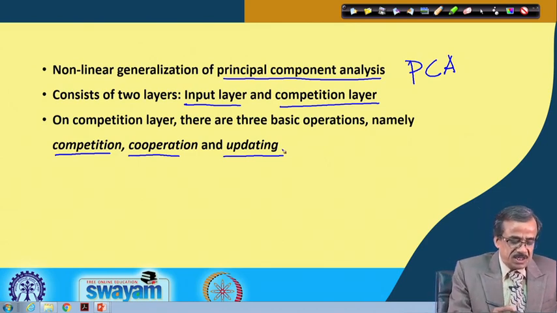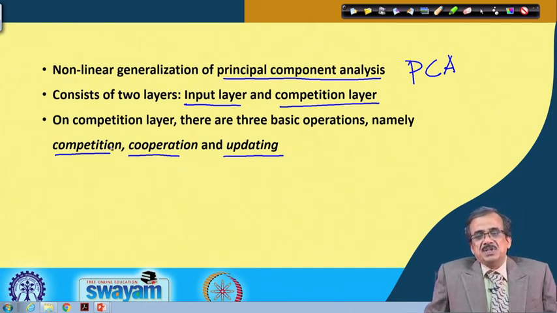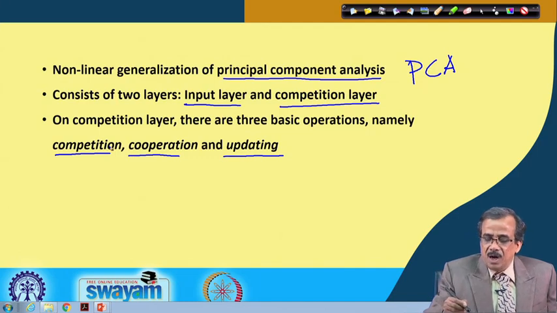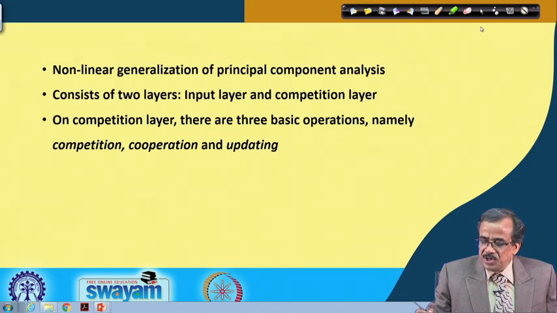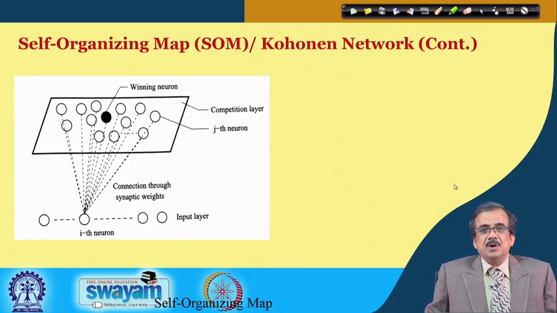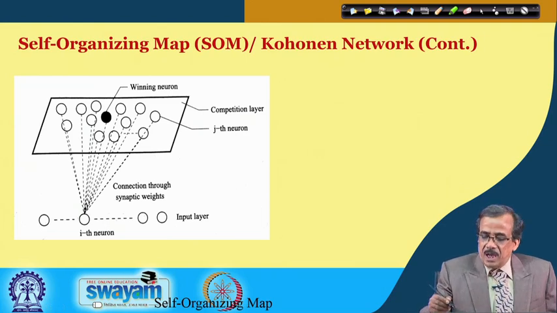So, let us first concentrate on the competition. Now, the purpose of this particular competition is to declare a winner. Now, let us see how to determine that particular winner. Now, this is the network.